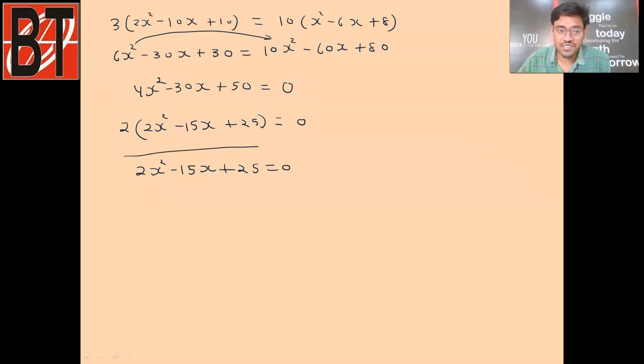Now students, here we have to think of the splitting of this -15 so that we get the product 2x² into 25, that is +50x². So we have to break -15 into two numbers such that +50 comes as the product. You have to split -15x into two terms so that you get +50.